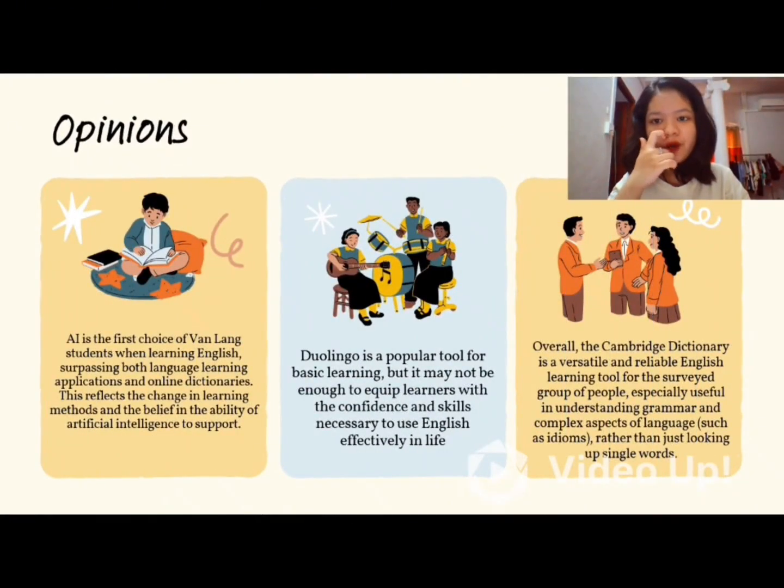Next, we will move to the opinion. Here, my group has three main ideas for the opinion. First, AI is the first choice of Văn Lang students when learning English, surpassing both language learning applications and online dictionaries.